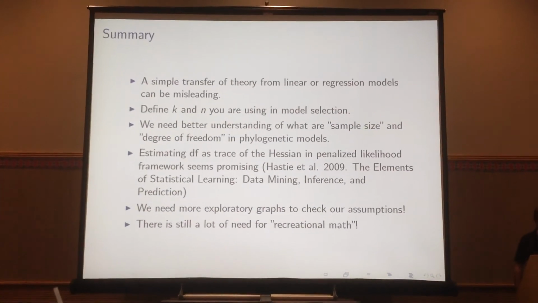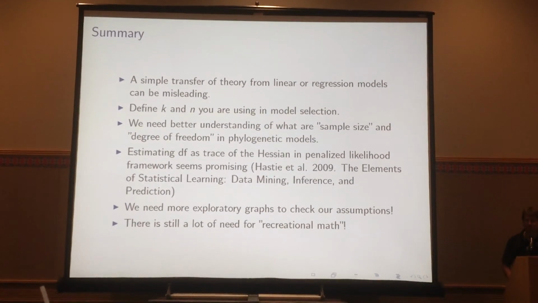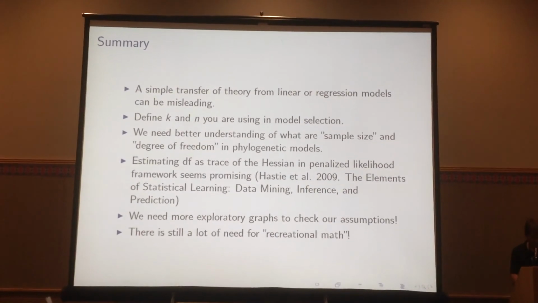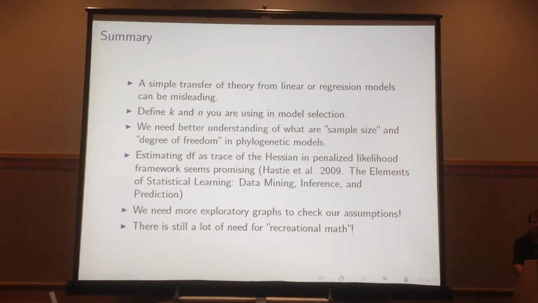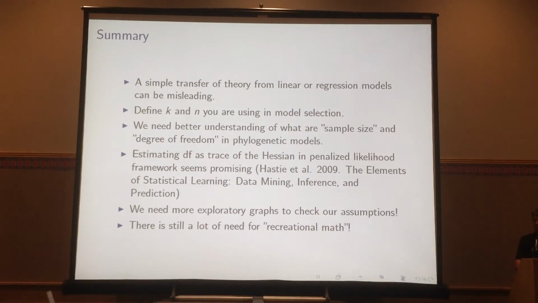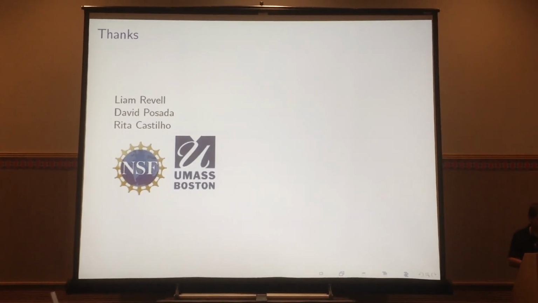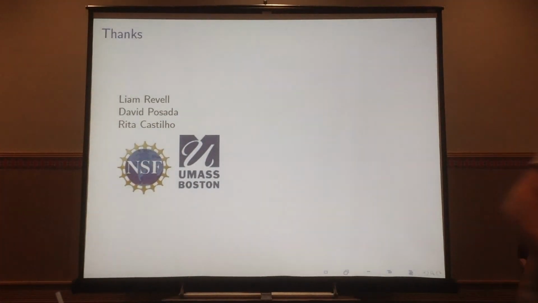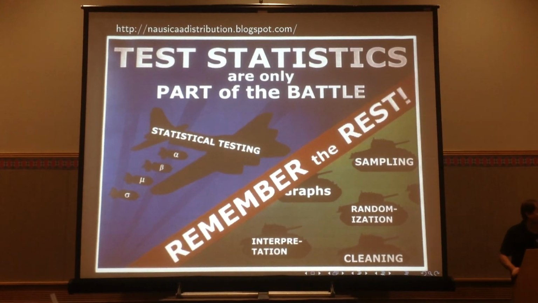And I think it's also really important at every step to look at your EDAs, and it's really time for more recreational math, as Elizabeth Allman called it last year here. This is work together with Liam, and also discussions with David Posada. The data come from Rita Castillo, and maybe there is time for one question.